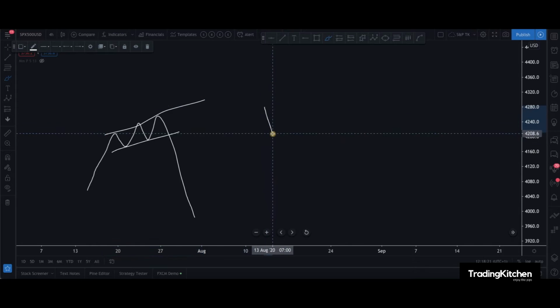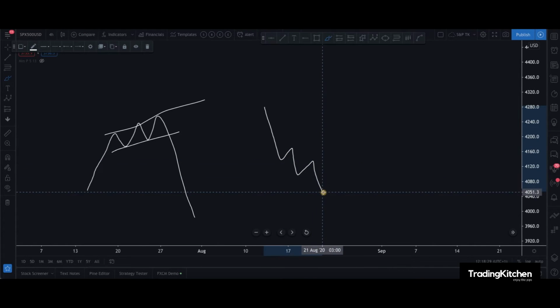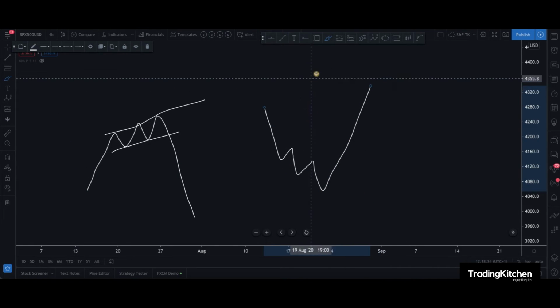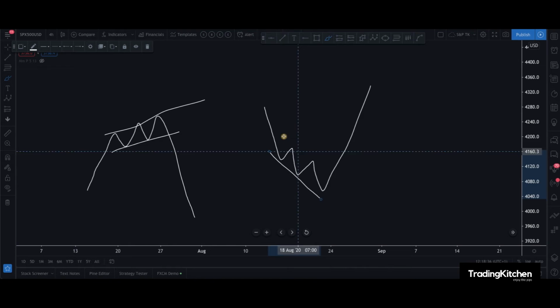Same thing if we have impulse down and channel down, it means that price will change the trend, and this is a channel.